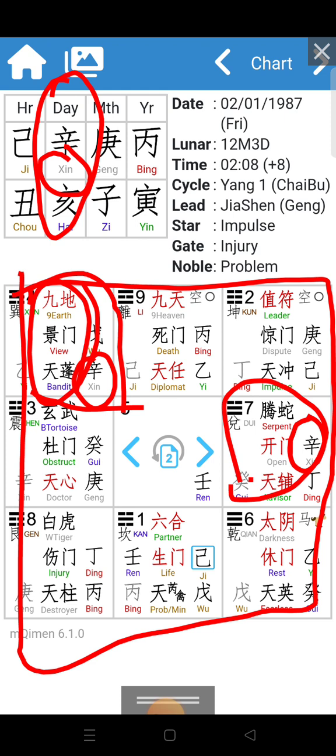And Bandit means that this person is brave, very daring, and of course they like to spend a lot of money. Or on the other hand, they may have a lot of money to be spent, meaning that they will lose some money, or correction, they will lose a lot of money. Bandit is a symbol whereby this person will spend a lot of money or lose a lot of money.